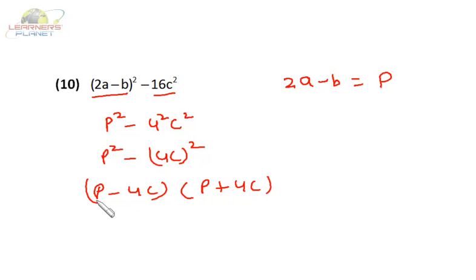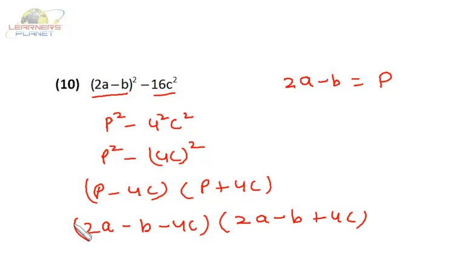Now further, just put the value of p from this place. So it's 2a minus b minus 4c and 2a minus b plus 4c. So it's quite simple. Just one more step. You just replace the value of this expression as this. Then you can solve it. And after some practice, you don't have to replace it like this. Okay?